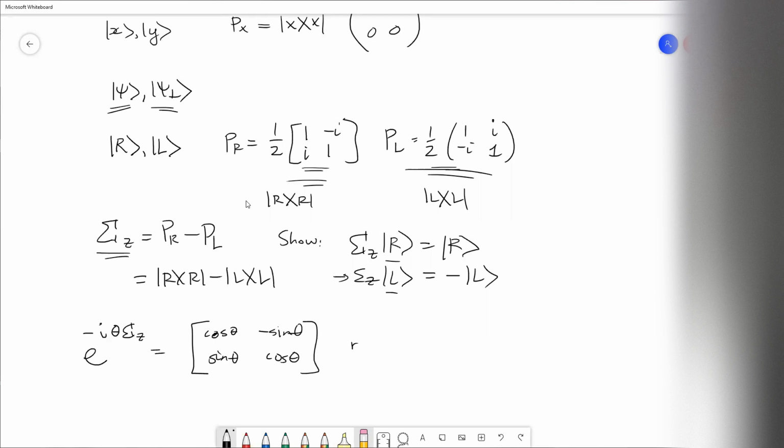So it's a rotation matrix. And what is this thing? We know this is a Hermitian operator, right? And so we expect it to correspond to some measurement. Does anyone know what measurement it could possibly correspond to?